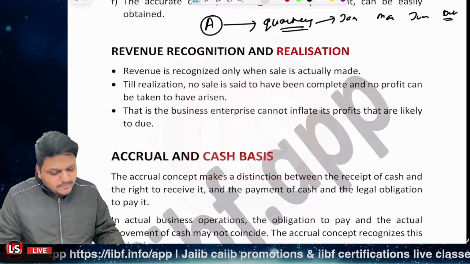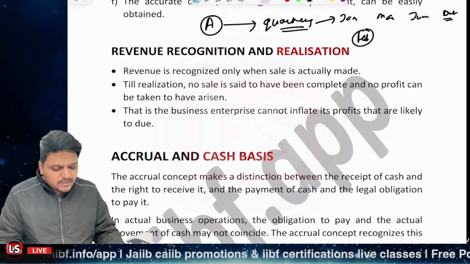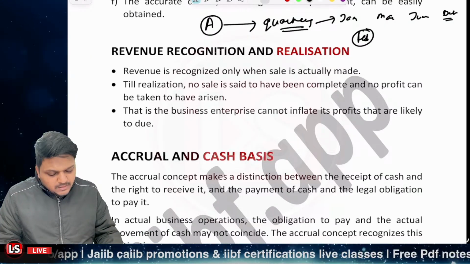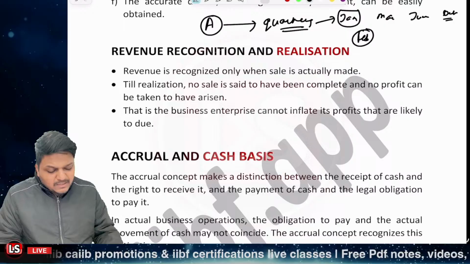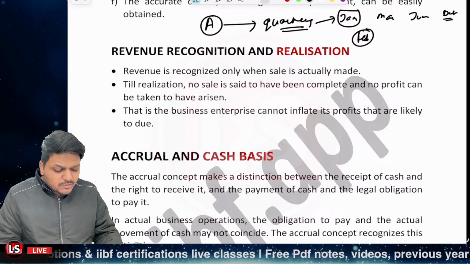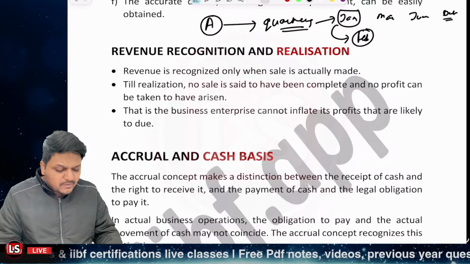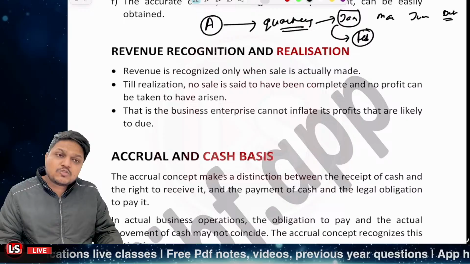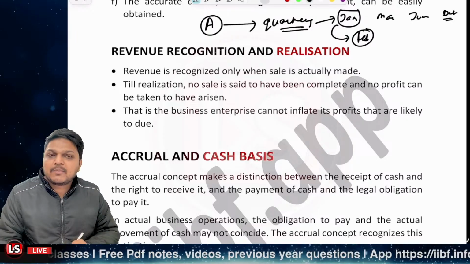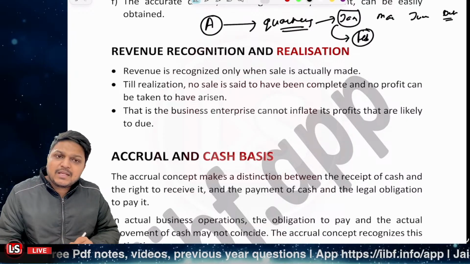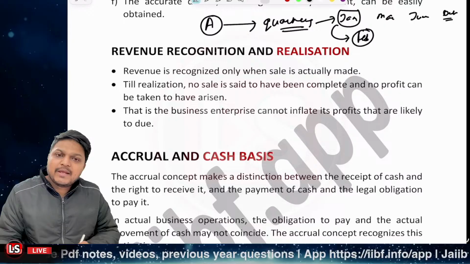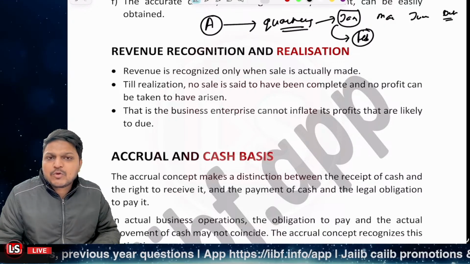Now, in the month of February, the bank can take into account the amount which was to be received in January, but not the amount which is to be received in March. Getting it? When it is realized, when it is due, only then it can be recognized as revenue, otherwise not.